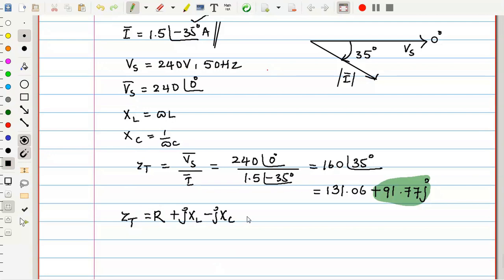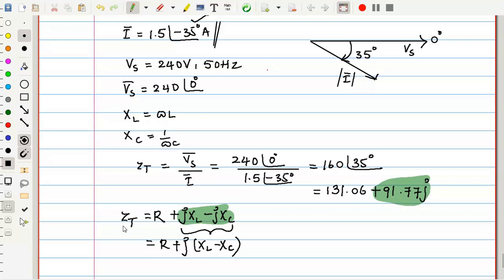Now tell me, when we get this imaginary part to be positive, yes, exactly. When XL is greater than XC, we get this term as positive. So I can simply carry forward this expression as R plus j into XL minus XC.